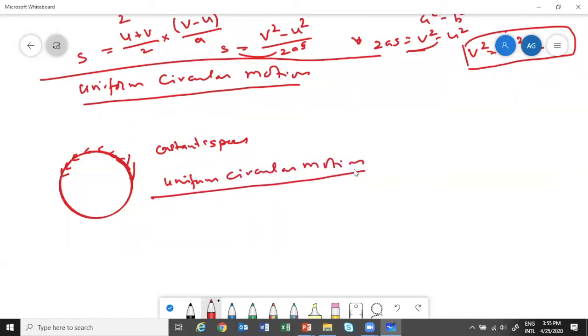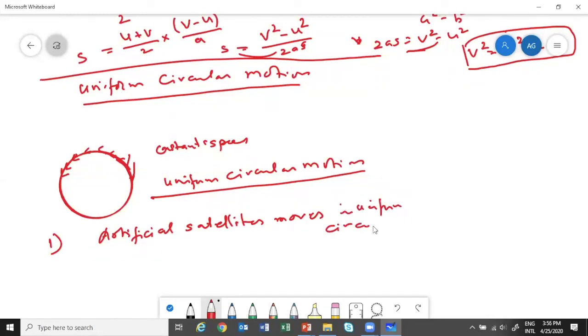This topic I think we already covered. I'll just give some examples. An artificial satellite moves in uniform circular motion around the Earth.